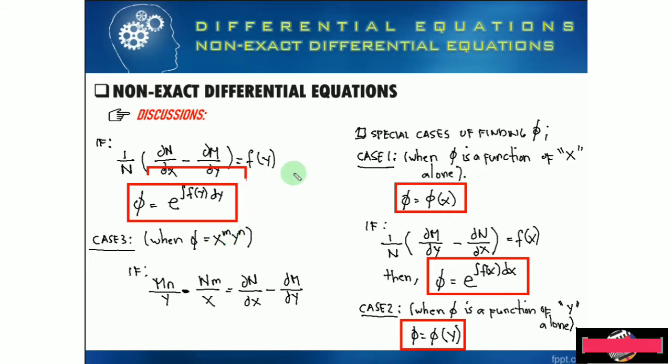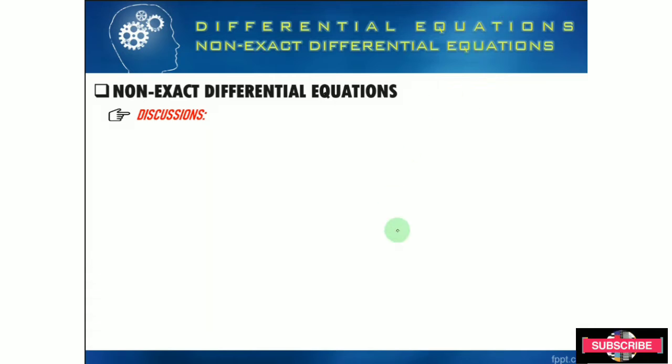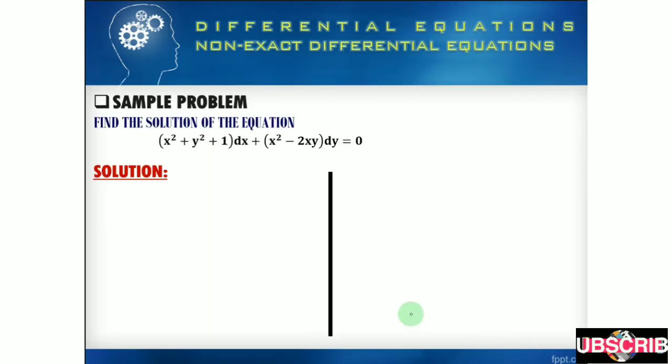Okay, so now we are going to proceed to our sample problem. We are going to find the solution of the equation quantity x squared plus y squared plus 1 dx plus quantity x squared minus 2xy dy is equal to 0.